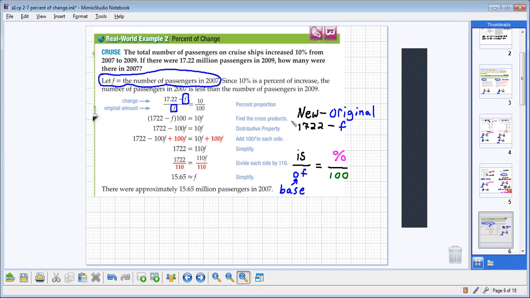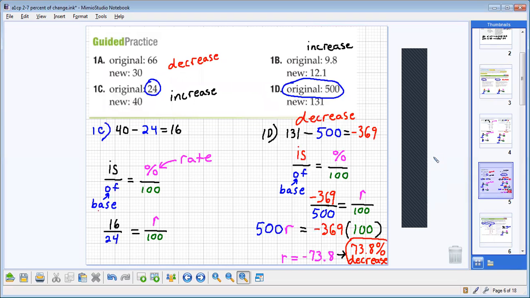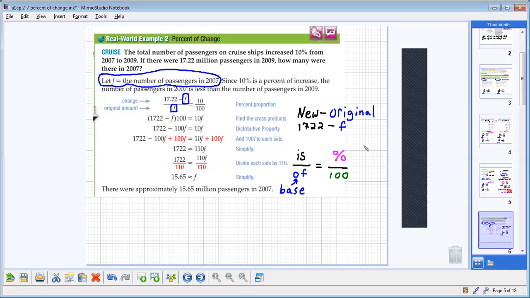And just so you know, the new minus the original, there's nothing different than what we did before with the new minus the original. That would be represented as 17.22, so 17.22 minus F. So that's what we would get there.